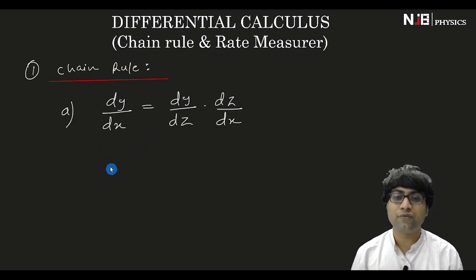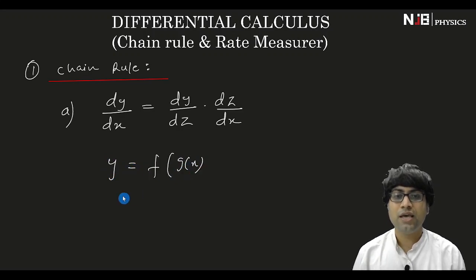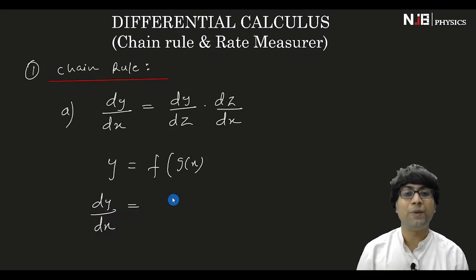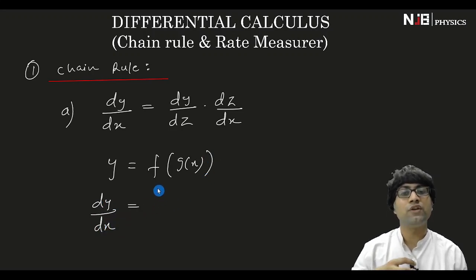Anyways, let's have a look at the chain rule in some other form. For example, if we have a function y equal to f of g of x, then dy by dx is going to be equal to, basically, we have to differentiate f with respect to g of x first, and then differentiate g of x with respect to x.